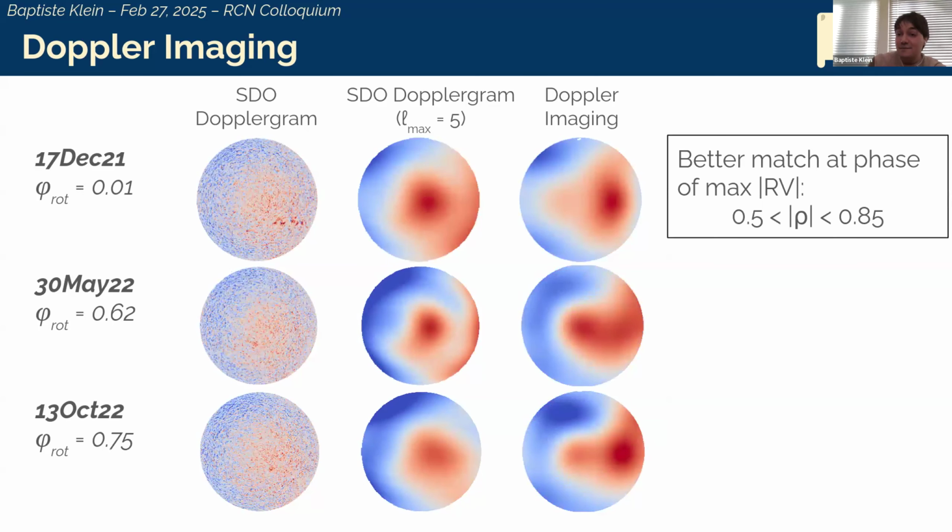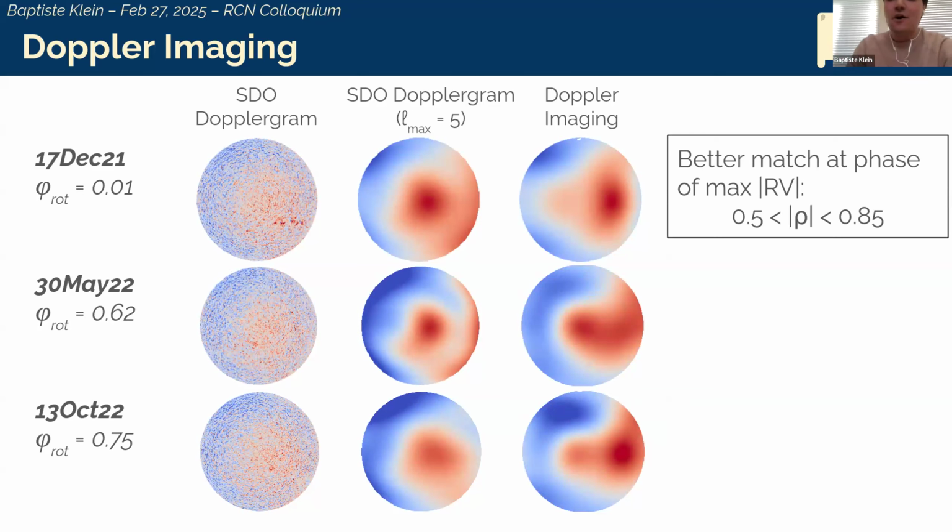So we do get a much better match. Obviously, it's not identical because we do have variations linked to different effects on SDO, and Doppler imaging is definitely not perfect, but at least it tells us that we are reconstructing something that is not completely off. And that is good just as a check, I would say.